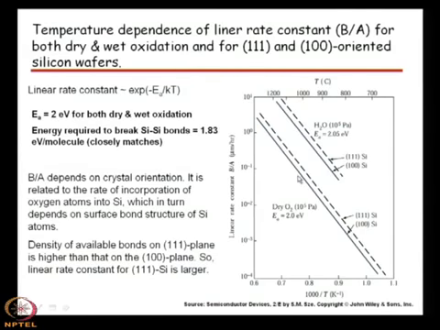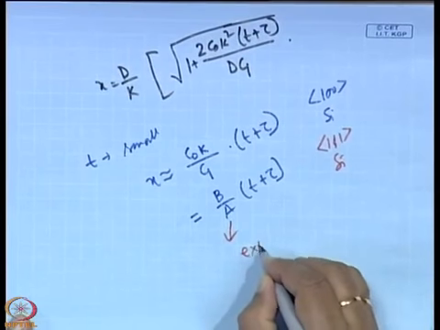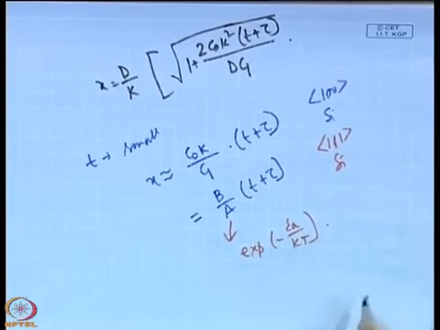What we see is that in both cases, dry or wet oxidation, the linear rate constant B by A, which has units of micrometer per hour, varies as exponential minus E A by k T.